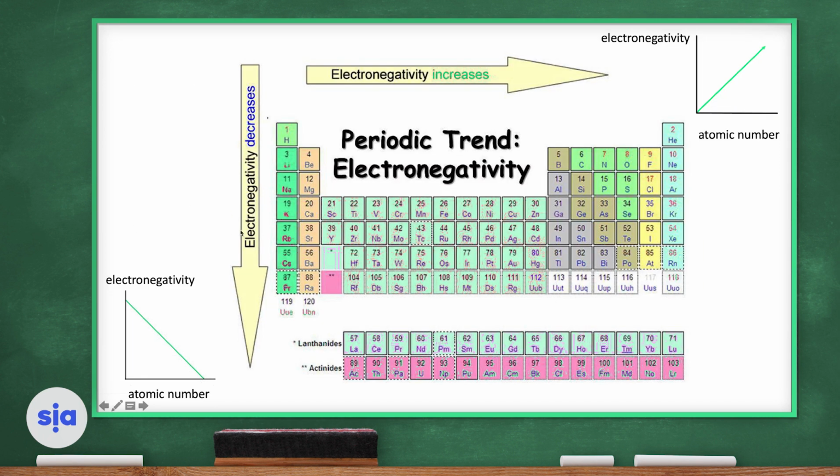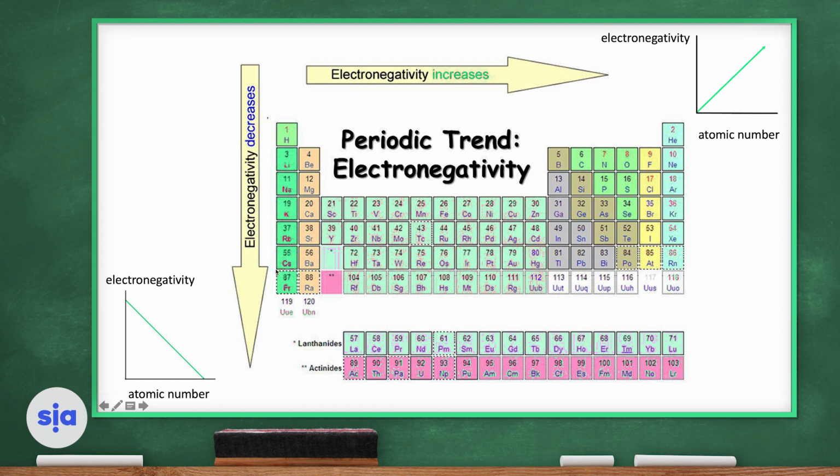Let's see together the electronegativity property across the groups and the periods of the periodic table. Electronegativity increases in this way, from the left to the right, together with the atomic number. So it's a direct proportion relationship.